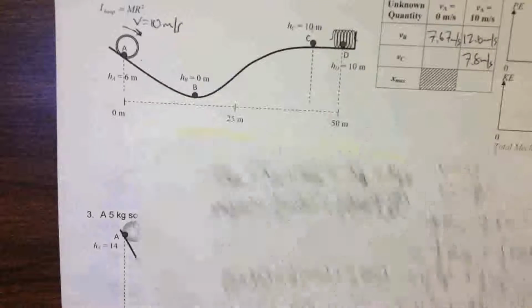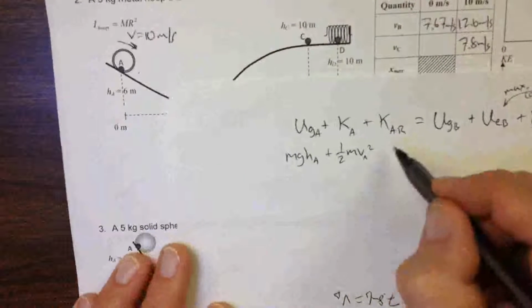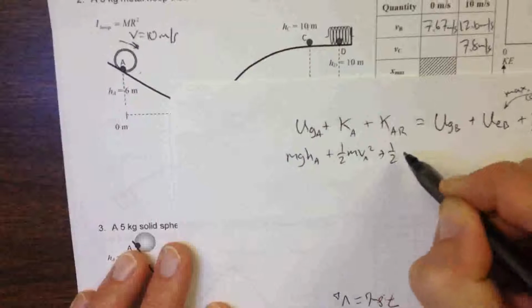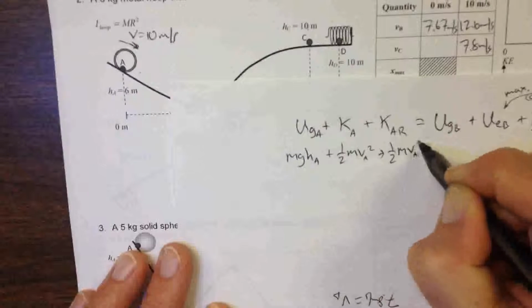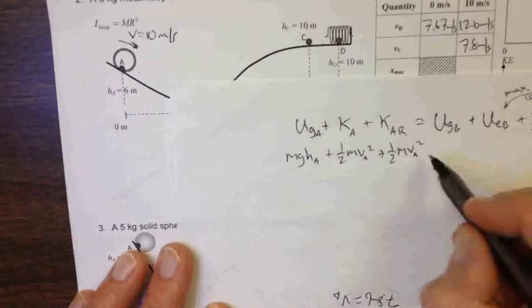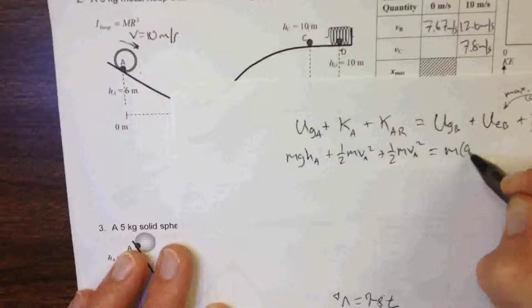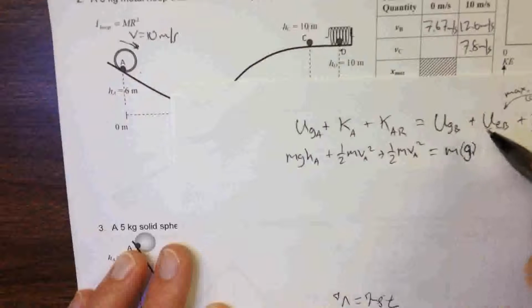We don't want to cancel out the m's this time. So the rotational contribution there, the kinetic energy, is 1/2 mva squared, just another term like that.